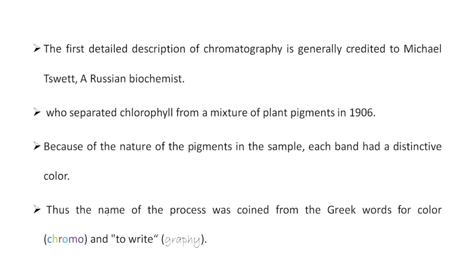Thus the name of the process was coined from the Greek words for color, chromo, and to write, graphy. So Michael T. Sweat first separated the plant pigments in 1906.